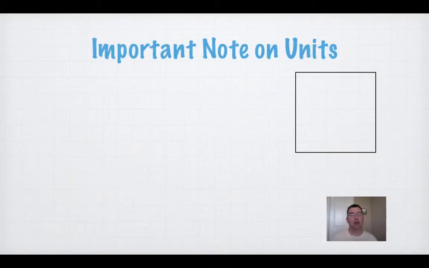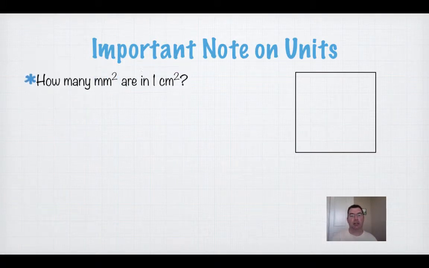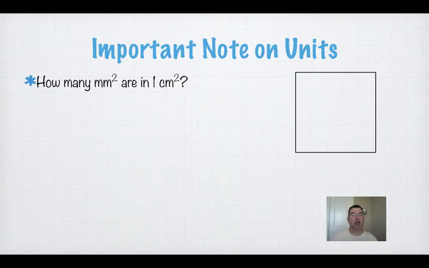First, I want to talk about an important note on units. We talk about measuring things in centimeters and millimeters, and we know that there are 10 millimeters in a centimeter, but how many square millimeters are there in a square centimeter?